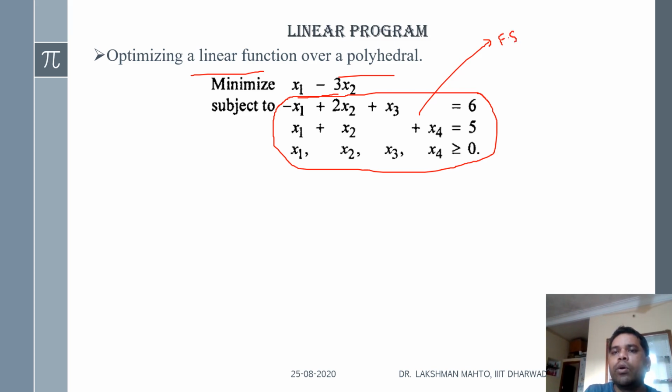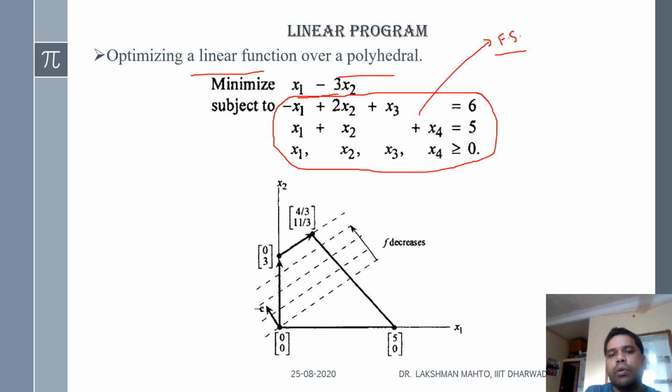In terms of optimization, it is the feasible set. So our feasible set is a polytope, and our objective function is a linear function defined over the polytope. That's why this optimization problem is a linear program.